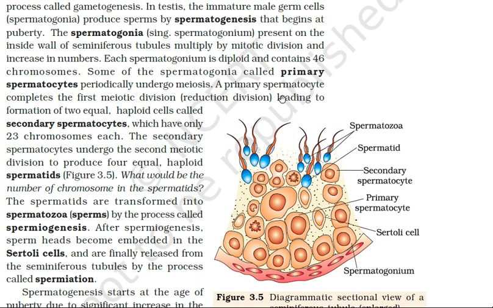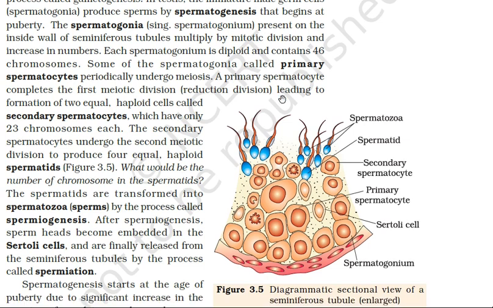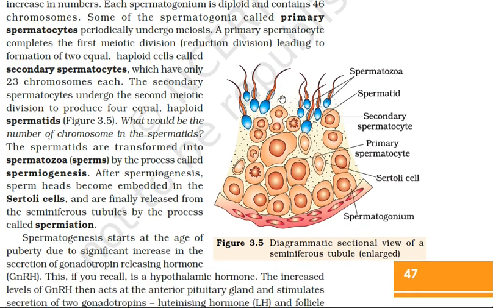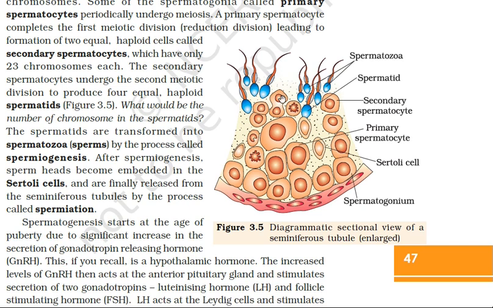Now, there is a very important thing to be noted: the process of spermatogenesis is under the control of hormones. So I would like to explain the hormonal control of spermatogenesis. Spermatogenesis begins at the age of puberty in males, that is from 13 years to 16 years of age in boys.